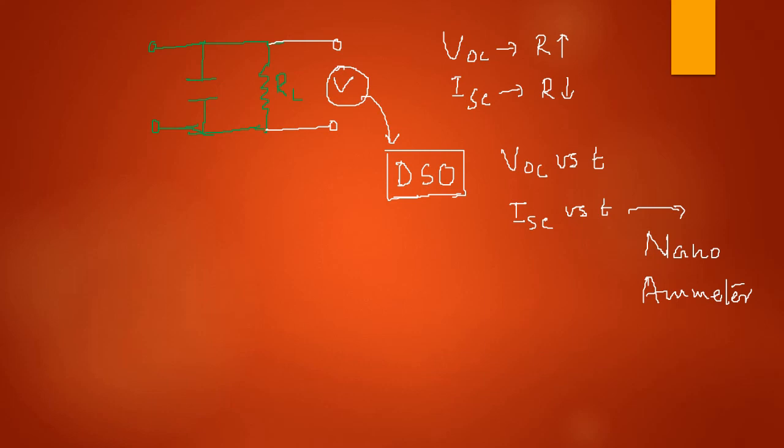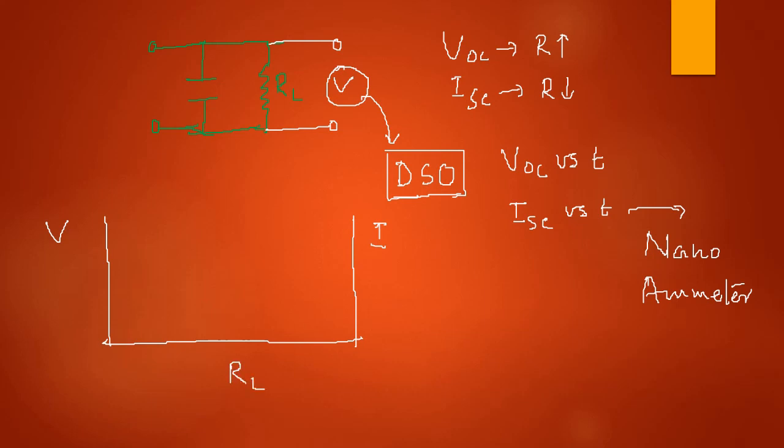Now, what I was trying to show you is that if you plot this thing together, here voltage, here the current, and you are varying the load resistance.